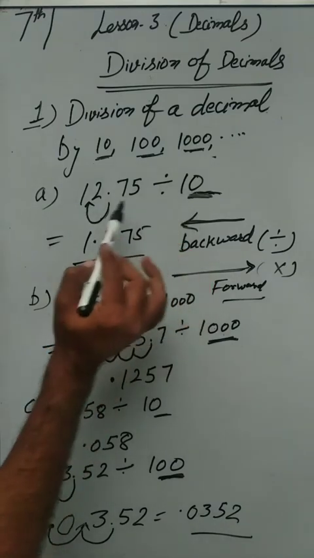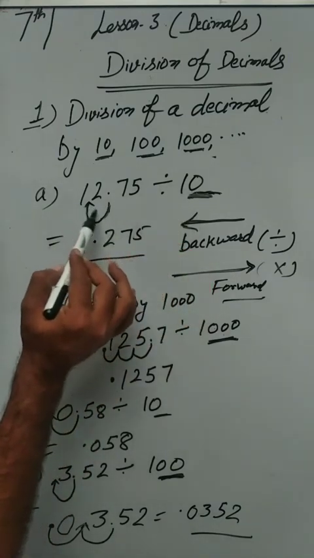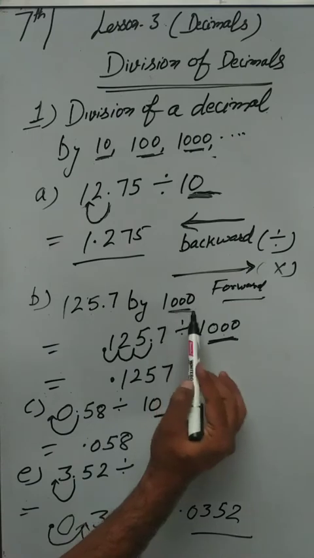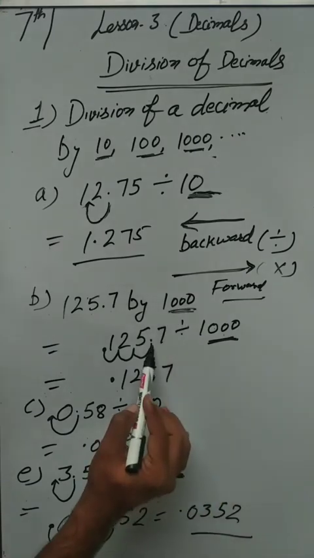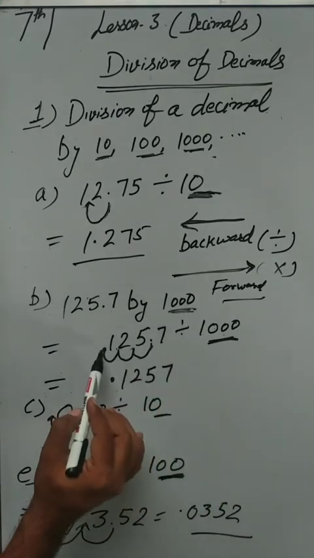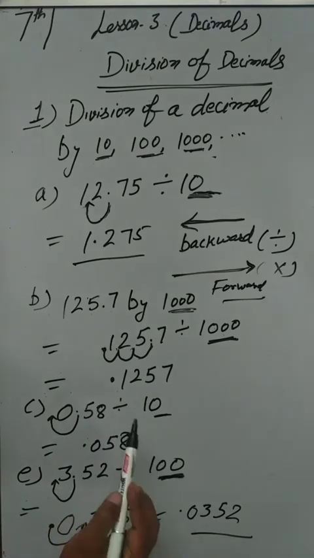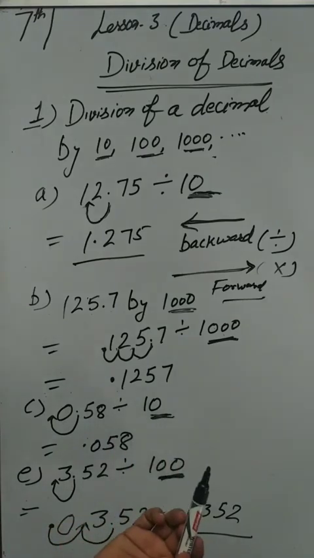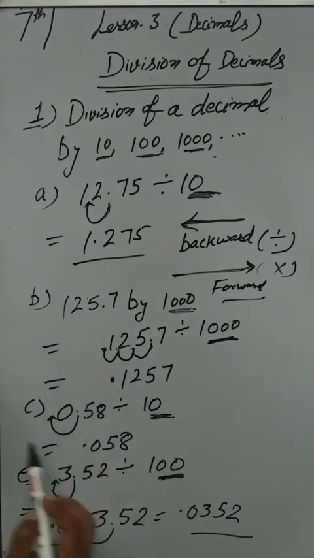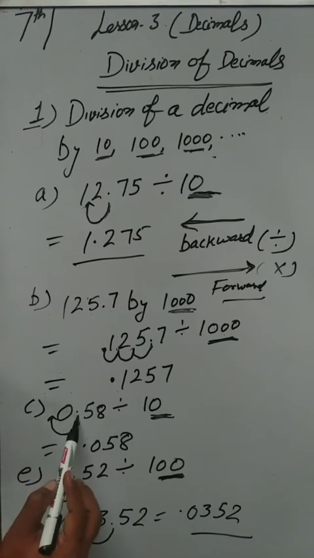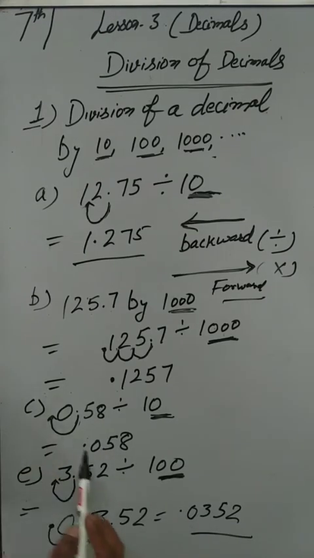Look here, if 1 0 is there, the point will shift one position. Now in that one, 3 zeros are there, so the point will shift 3 positions, 1 2 3, and it will come here. This is your answer. And here, look, again 1 0 is there, so the point will shift toward the left one position, and your answer is 0.058.